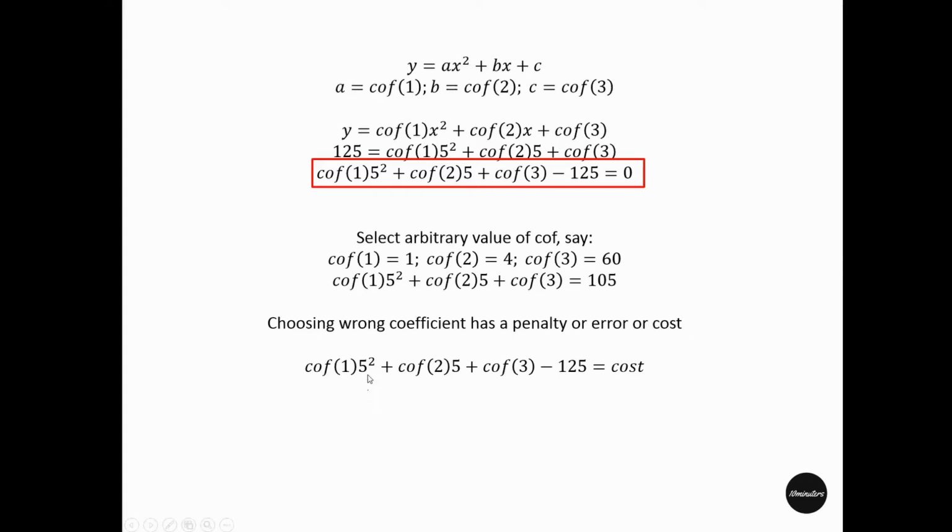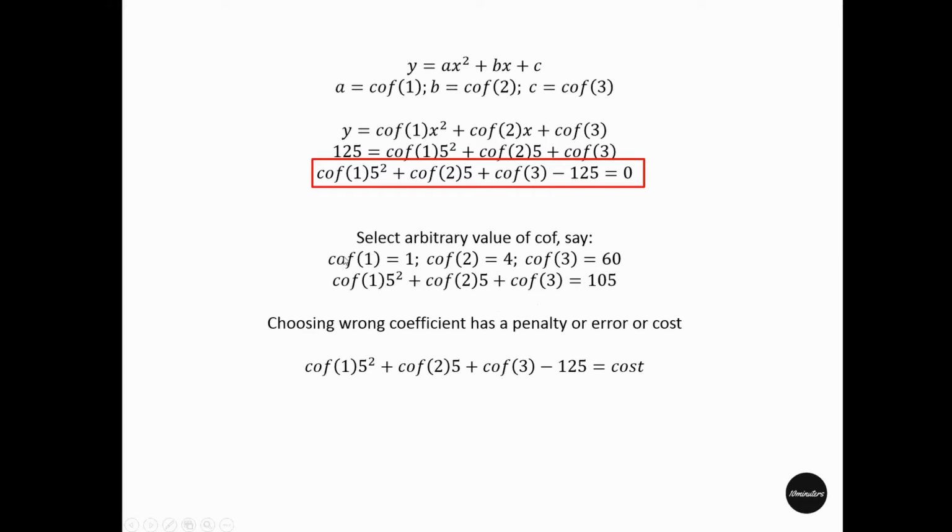So we know that at 5 square 5, if there is a right guess of these coefficients, the value of this summation should be 125. So we can say that this is the cost. That means if we choose the right coefficients, the cost is 0, and if we choose the wrong coefficients, then we have a certain amount of cost.